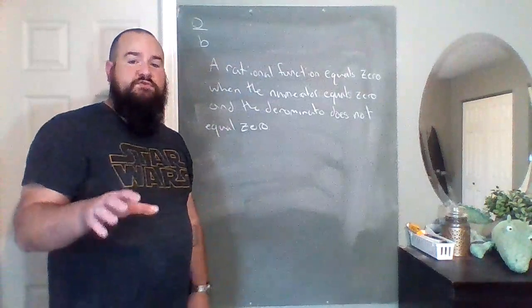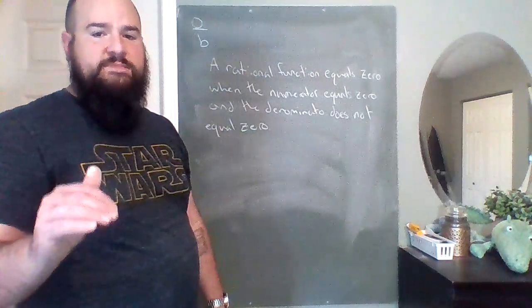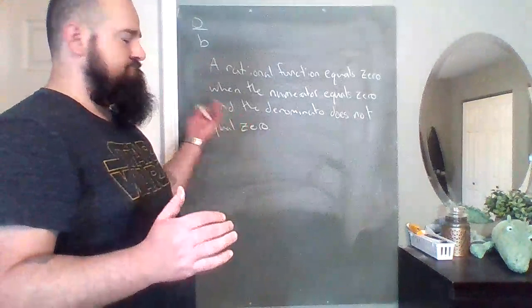Okay? A rational function equals 0 when the numerator equals 0 and the denominator does not. There you have it.